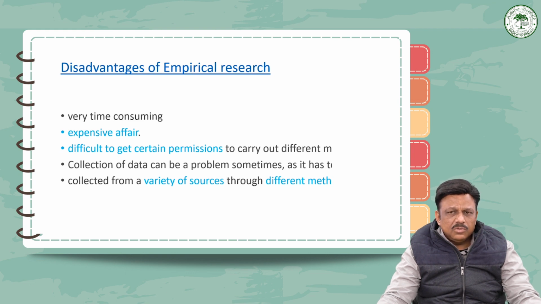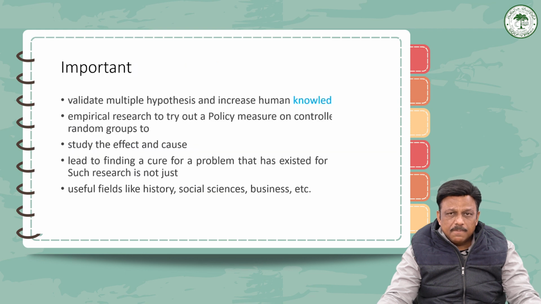Now, this can lead to an expensive affair. There are a few rules under which experiments can be performed, and hence sometimes permissions are also needed. Many a time it's difficult to get certain permissions to carry out different methods of this research. So collection of data can be a problem. Sometimes it has to be collected from a variety of sources through different methods.